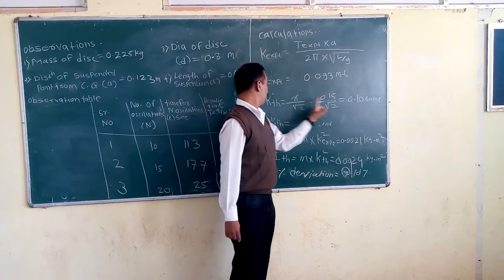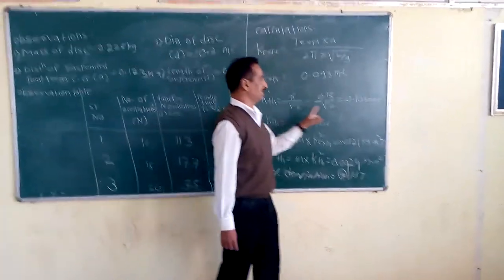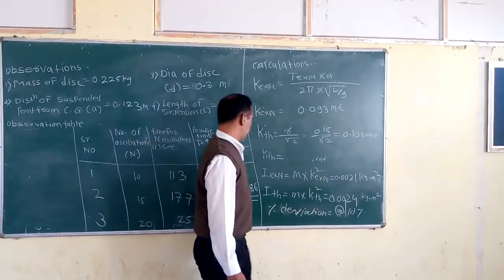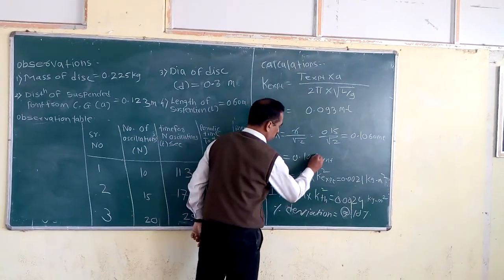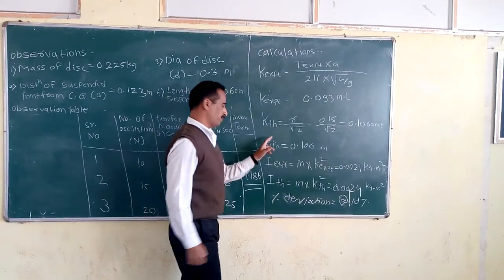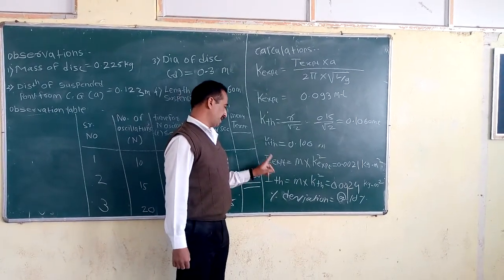We get K theoretical, the theoretical value of the radius of gyration for the disk, as 0.106 meter.